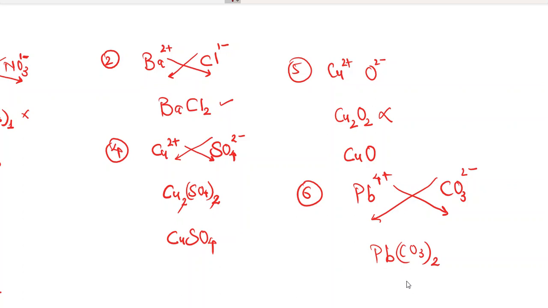Otherwise it would have been Pb2(CO3)4, but we don't write the numbers in their given ratio, we write the numbers in their simplest ratio. So the simplest ratio of 4 and 2 is 2 is to 1. So basically they get interchanged. This 2 will come here in the bottom, this 4 will go here in the bottom, this 2 will become 1, this 4 will become 2, and lead carbonate, this is the formula for lead 4 carbonate.